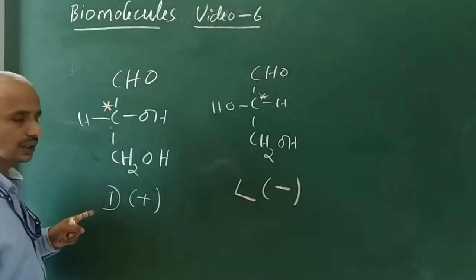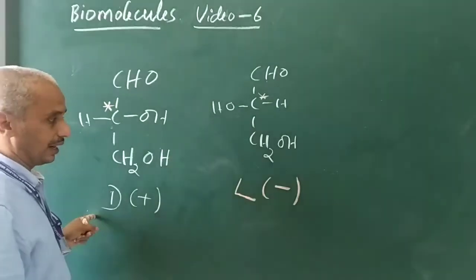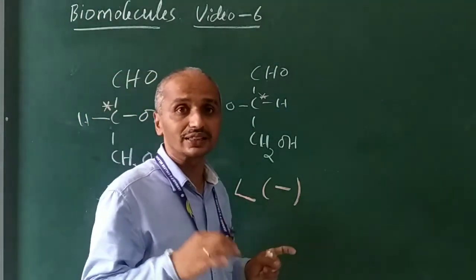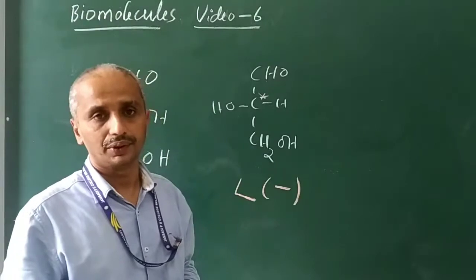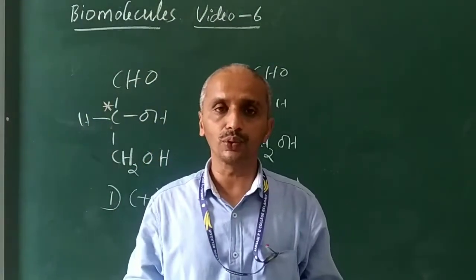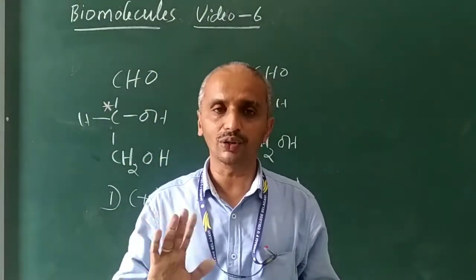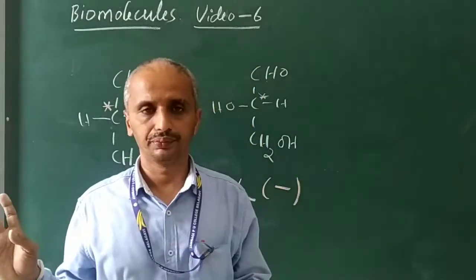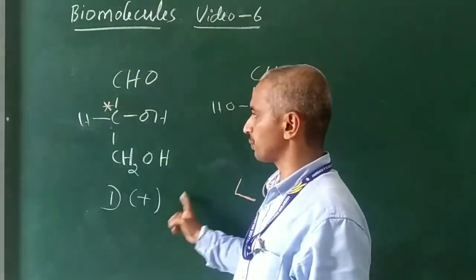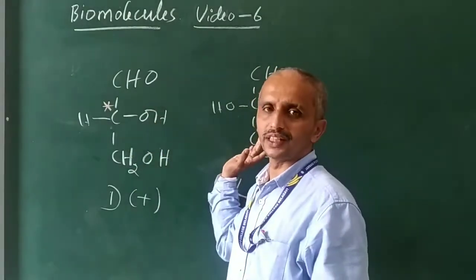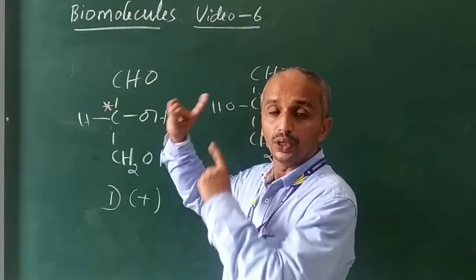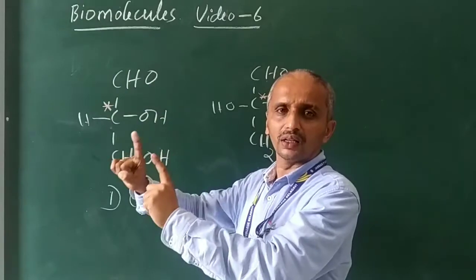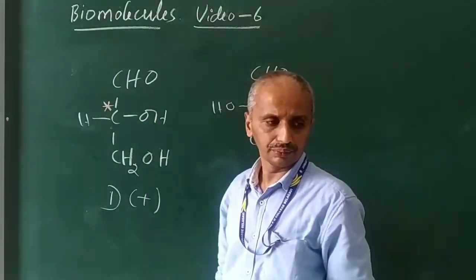This is D-glyceraldehyde, this is L-glyceraldehyde. Nothing to say with respect to dextroglyceraldehyde or levoglyceraldehyde, not at all. L and D represent where the OH is present, on that last chiral or asymmetric carbon.